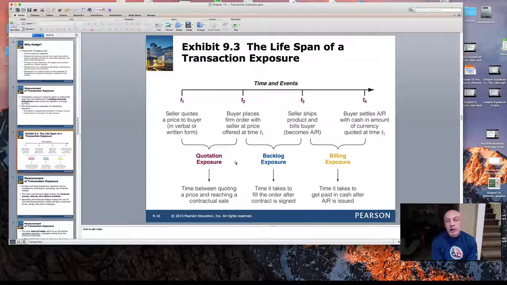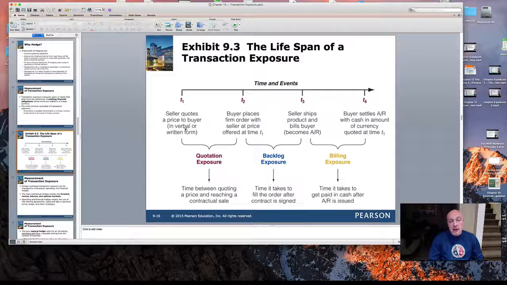If we look at the lifespan of transaction exposure throughout time, we can go ahead and summarize it into three different types of exposures, what we call quotation exposure, backlog exposure, and billing exposure. And a firm may elect to hedge against 1, 2, 3, or none of these exposures. So again, the first exposure is quotation exposure.